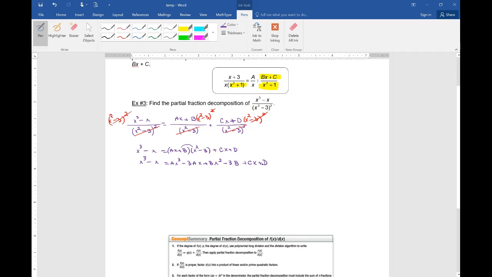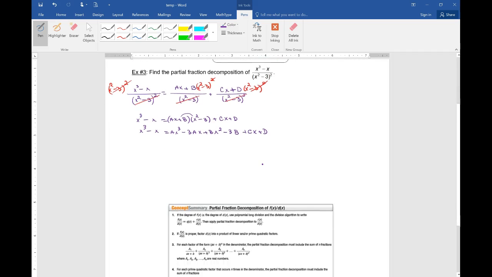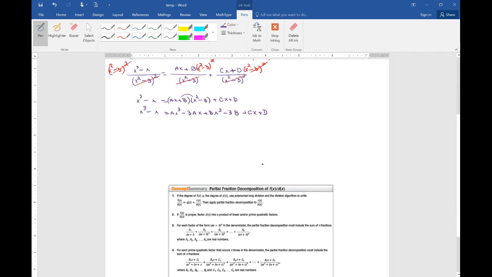Now, let's group terms according to their exponents of the x. So we have an ax cubed and nothing else with an x cubed. How about the x squares? We just have a bx squared. How about the x's? We have a negative 3ax plus a cx. And then the constants, we have a negative 3b and a d.